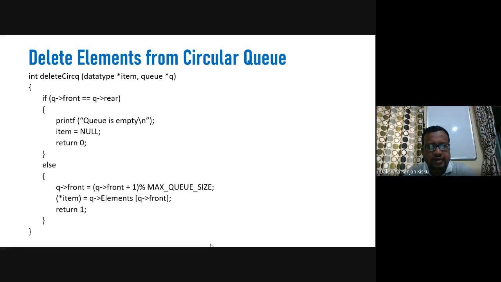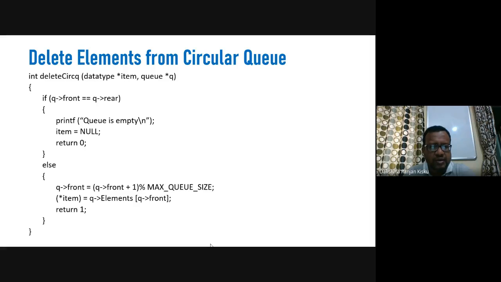The next function is delete circular queue, where we delete the elements from the circular queue. Here we keep a check on whether q front is equal to q rear or not. Whenever we see that q front is equal to q rear, that means the queue is empty, so we cannot delete elements from the circular queue.